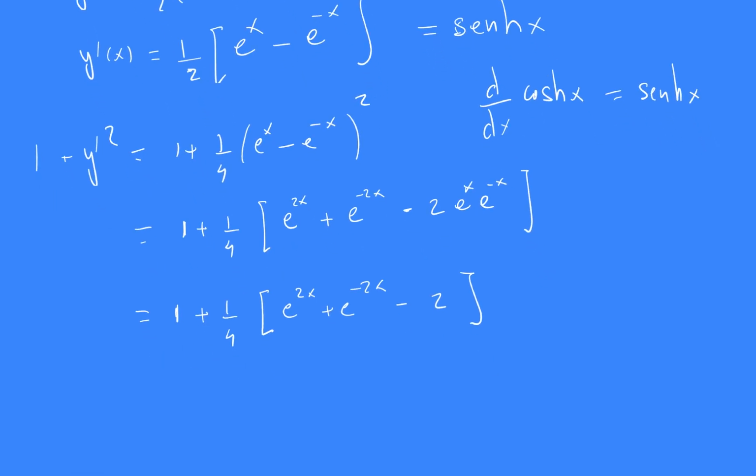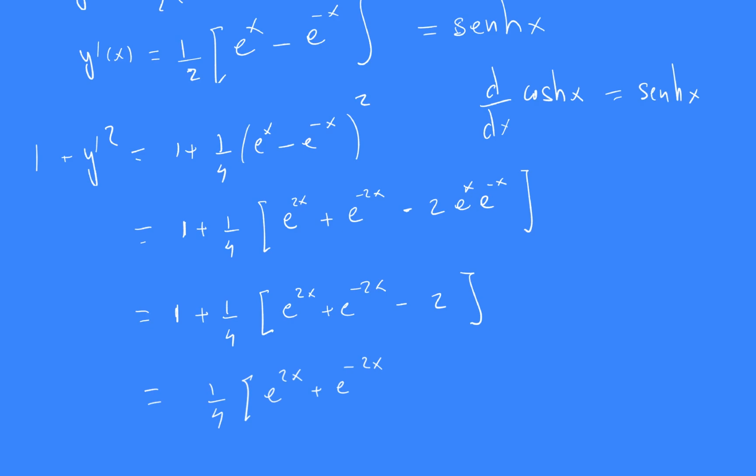So 1 with minus 2 over 4, that is 1 minus 1/2, the 1 will cancel. It would be 1/4 of e to the 2x plus e to the minus 2x.